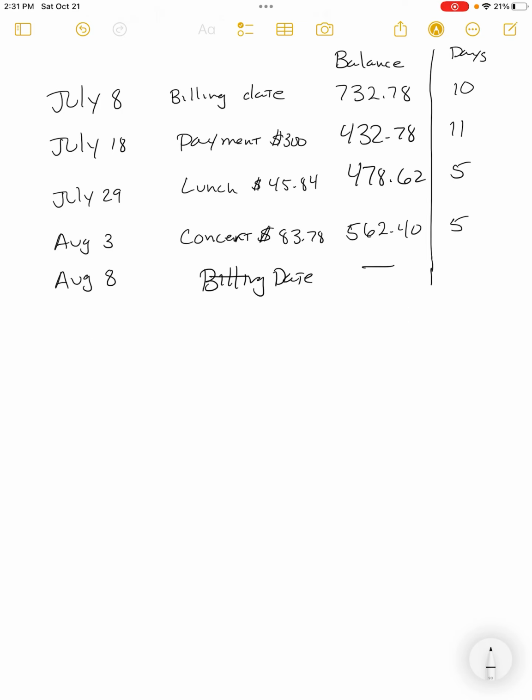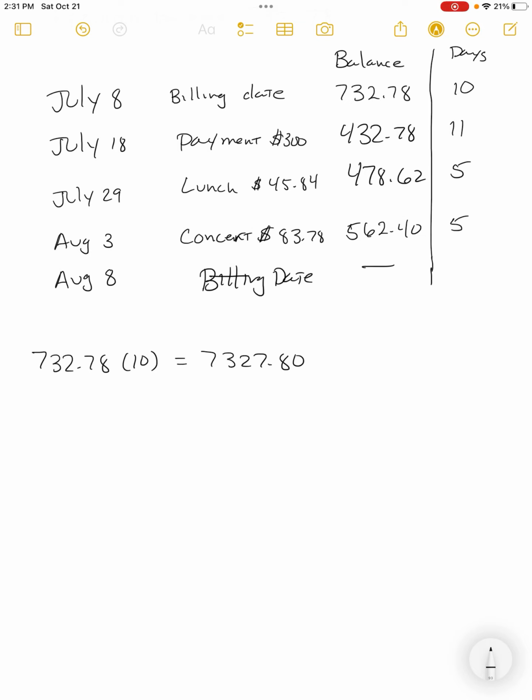And so now we need to get the average of all that. So we know that 732.78 is happening 10 times. So we'll do that partial sum, 732.78 times 10, and we get $7,327.80.